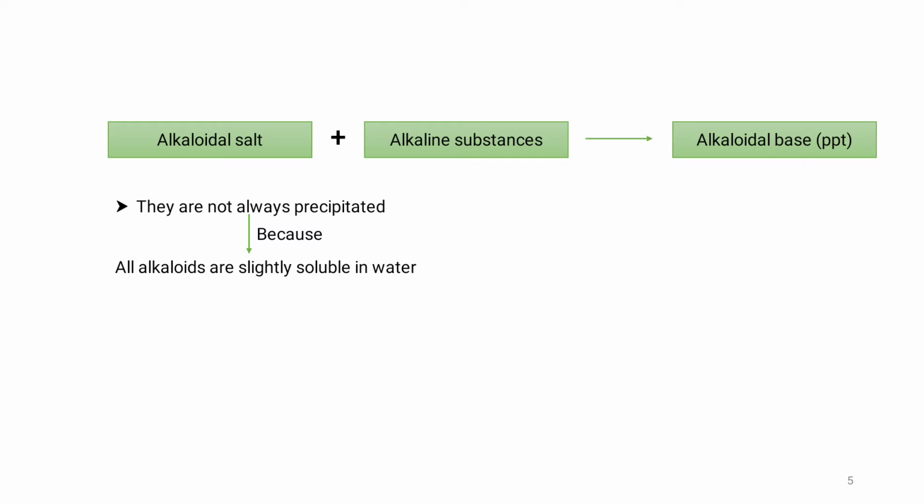So the alkaloidal base is slightly soluble in water. If the alkaloid is produced in small quantity, it will not be precipitated.